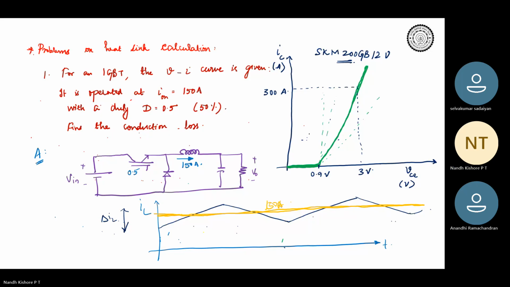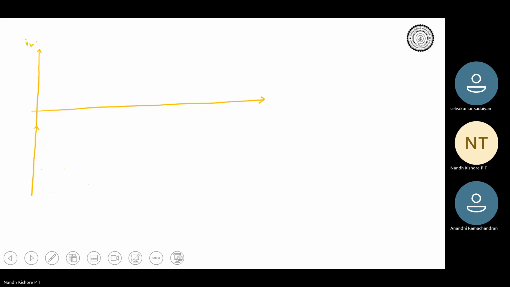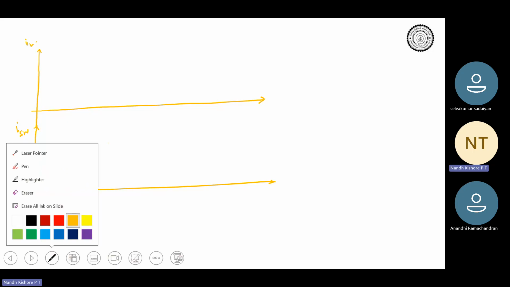So your IL was this, and let's say this is your I switch, or your IGBT current.